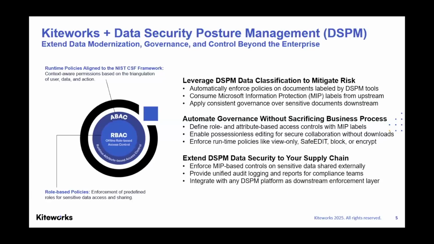First, your platform automatically enforces policies based on DSPM classification labels, then applies smart access controls, factoring in user role, location, intended action, etc. All data is protected with end-to-end encryption, both in transit and at rest.